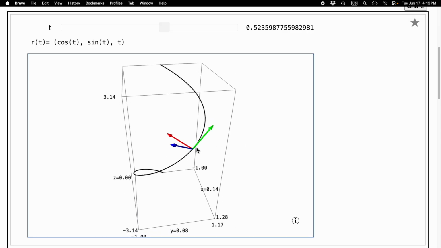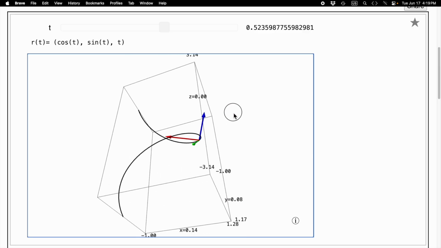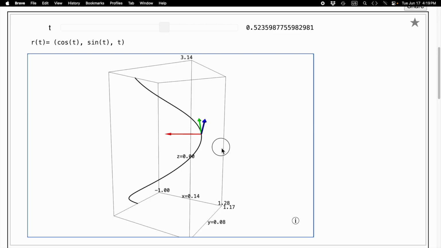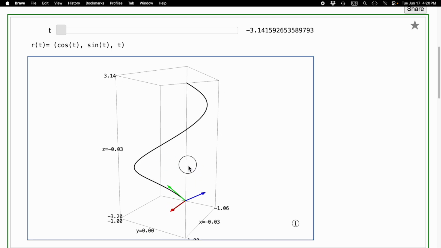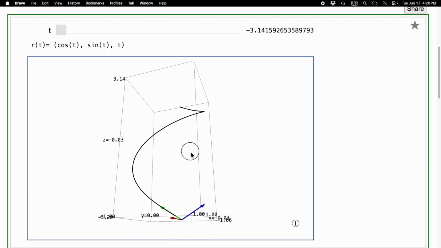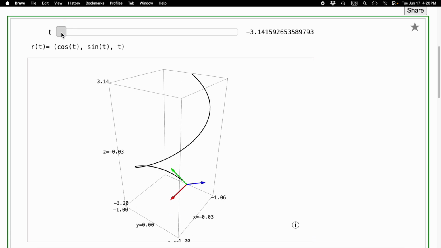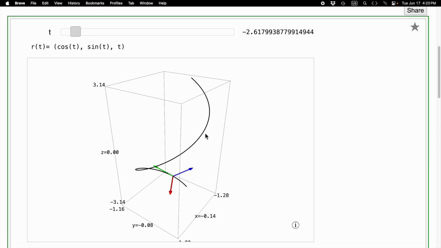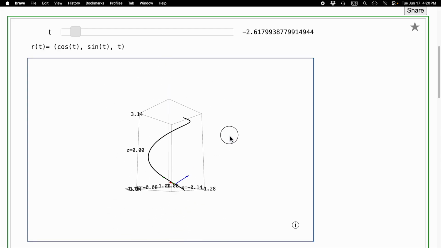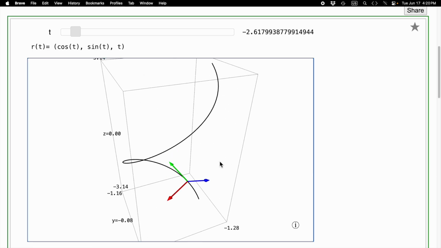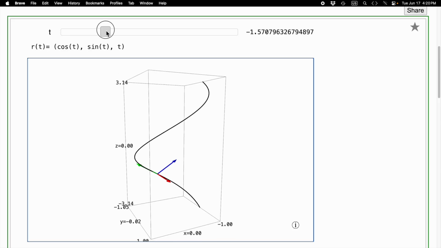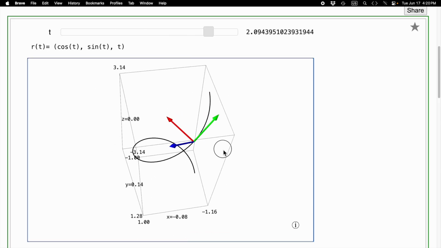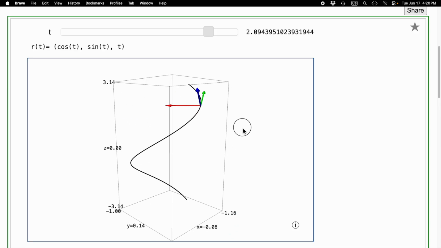These vectors are in green, the tangent vector, in red the normal vector, and in blue the binormal vector. And for each other value of t, let me change. So for instance, at the beginning, that's where the Frenet frame is, and I change to another value here. So we can see that at this other value of t, where these three vectors are. So we can consider some other one here, so we see how, at different values of t, we can see the representation of the Frenet frame.